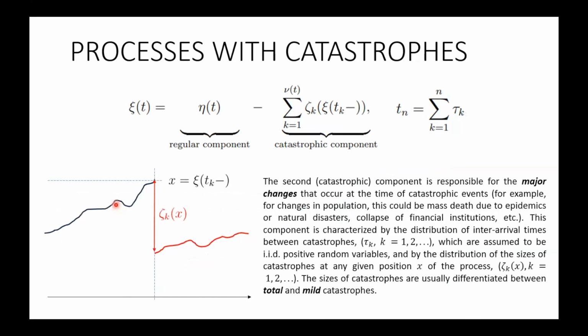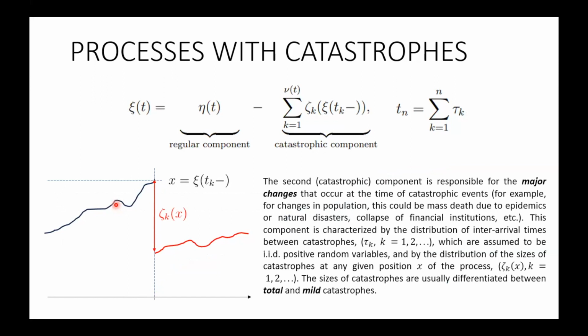What about the second component? The second component is the catastrophic component. It is responsible for the drastic changes, the major changes in the process that occur at the time of a catastrophic event. For example, for changes in a population, this could be mass death due to an epidemic or natural disaster, collapse of a financial institution, and so on. This component is characterized by two things.